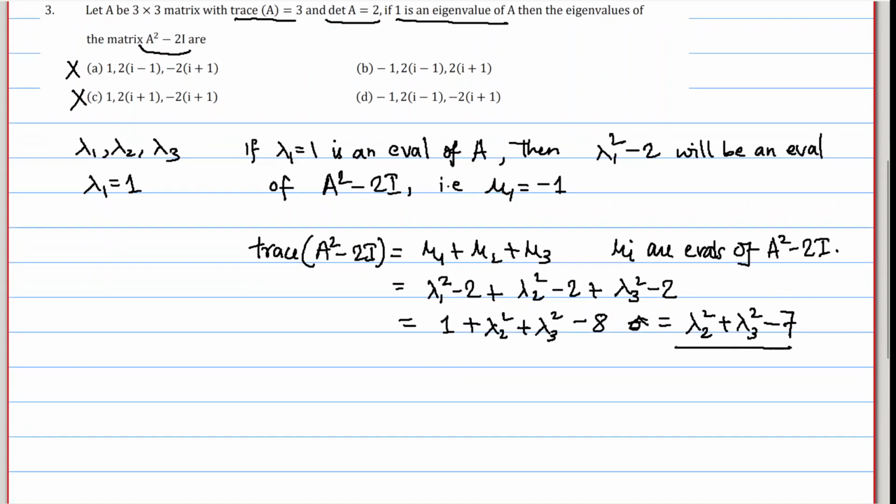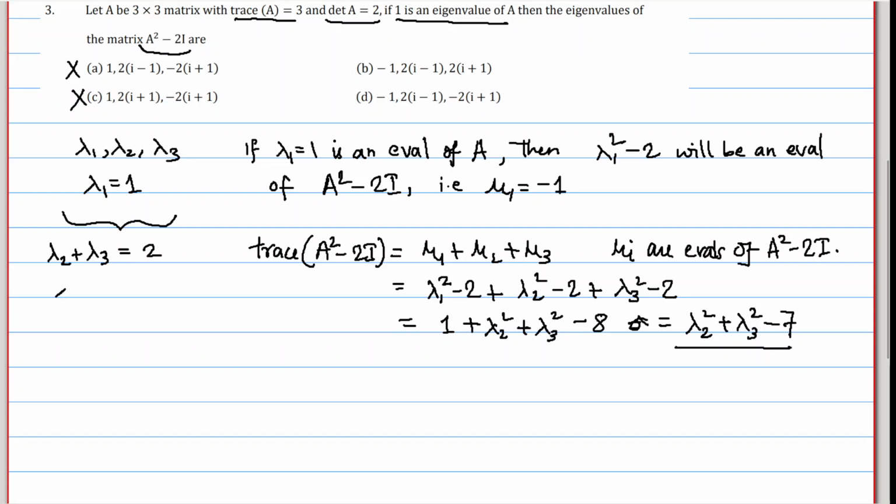Now observe that for the matrix A, the trace is 3, which means lambda 1 plus lambda 2 plus lambda 3 is 3, so lambda 2 plus lambda 3 will be 3 minus 1, which is 2. Similarly, they have said determinant A is 2.